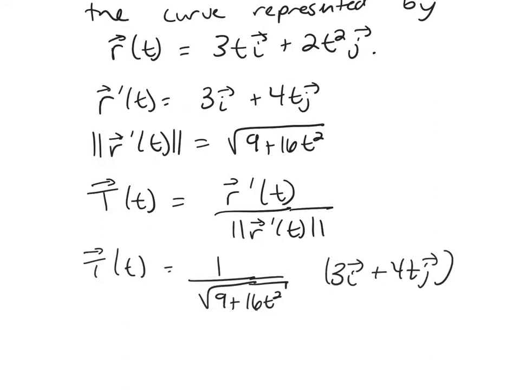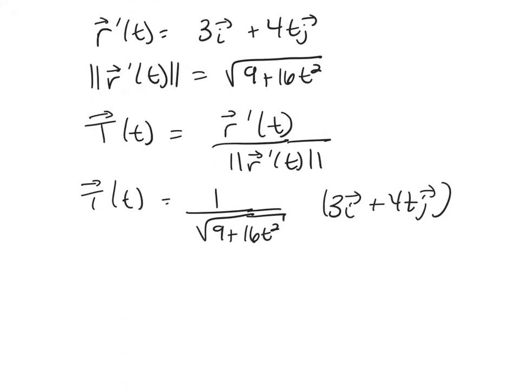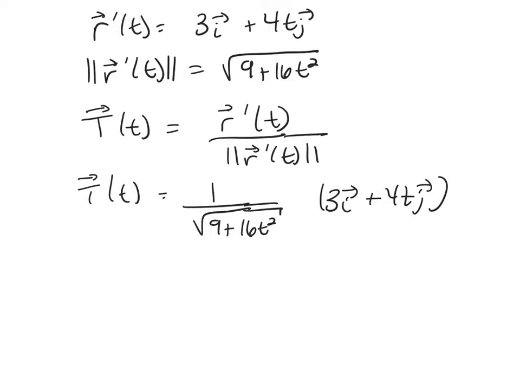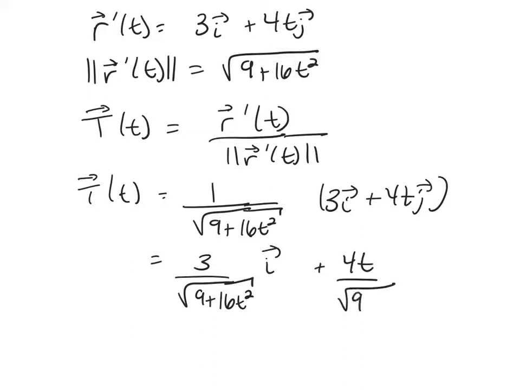And I am going to go ahead and distribute this out. So this would be 3 over the square root of 9 plus 16t squared i, plus 4t over the square root of 9 plus 16t squared j.